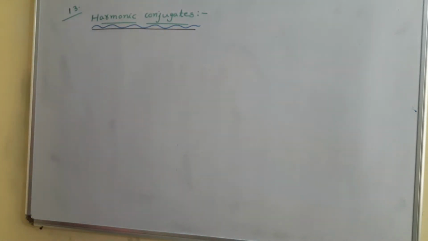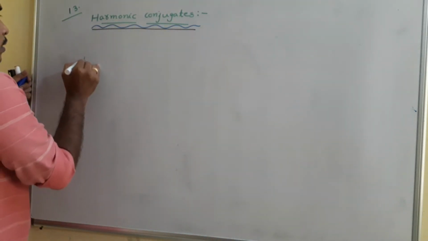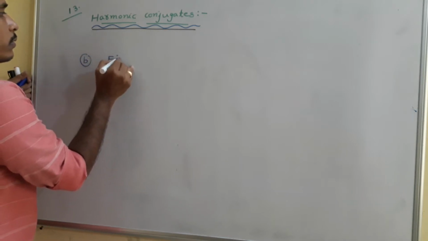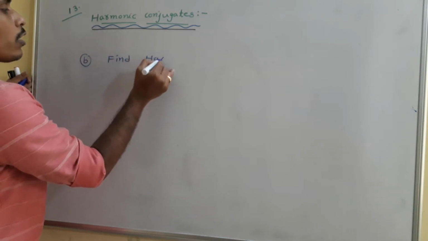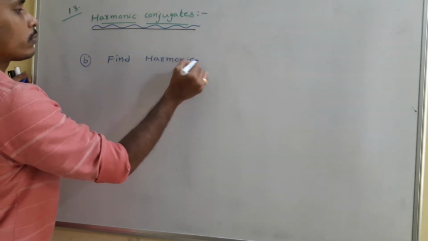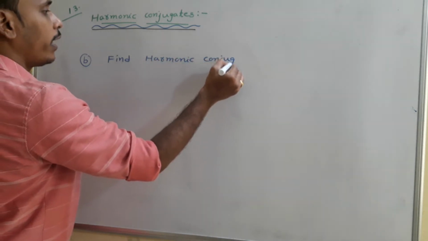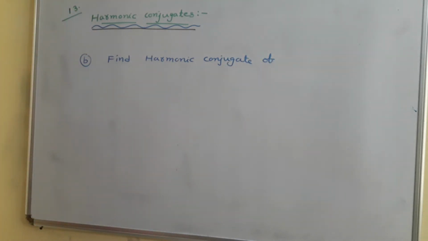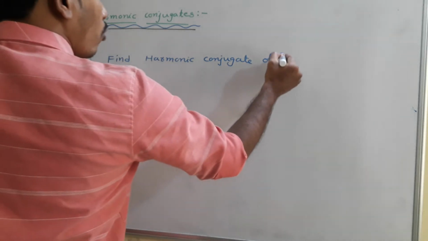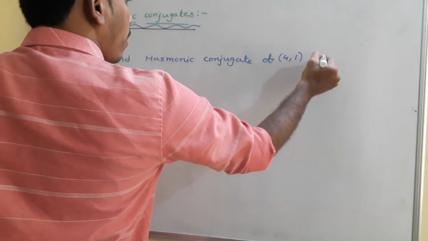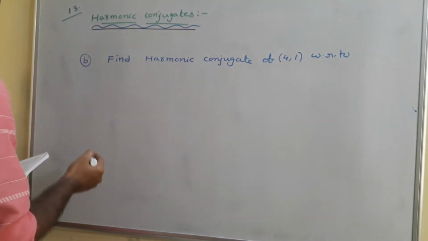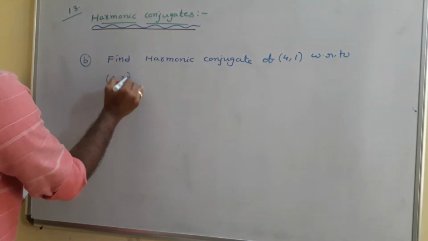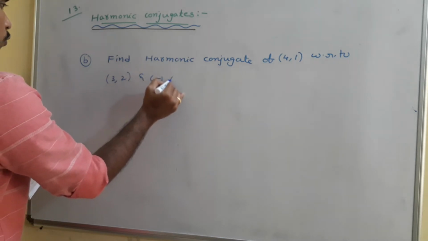You just take a problem. Find the harmonic conjugate of (4, 1) with respect to (3, 2) and (-1, 6).